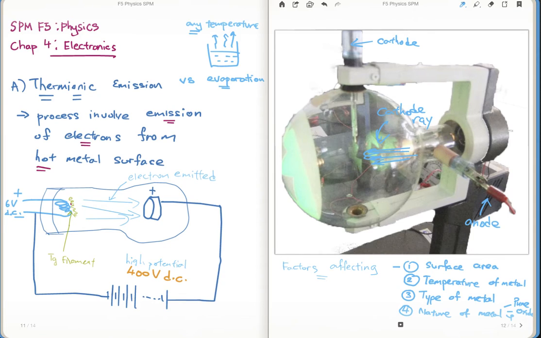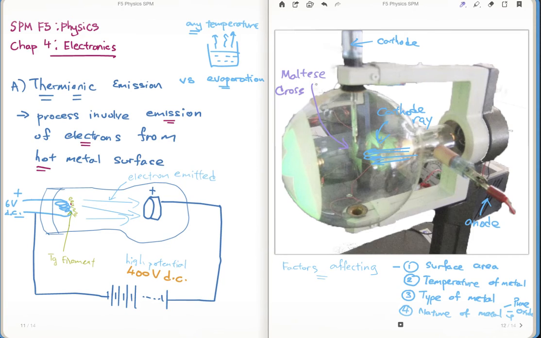Okay, and this is what you call the cross. We call it the Maltese cross. I'm going to label this. It's actually a metallic cross, so that you're able to see the image on the fluorescent screen.